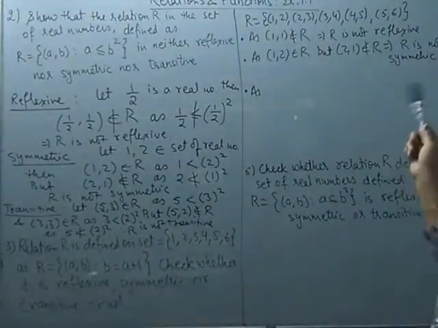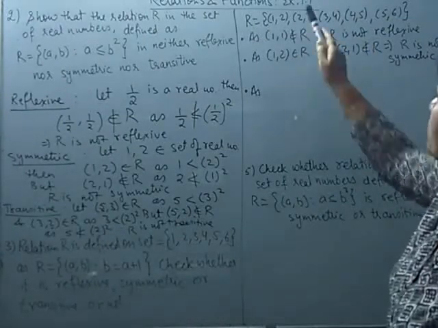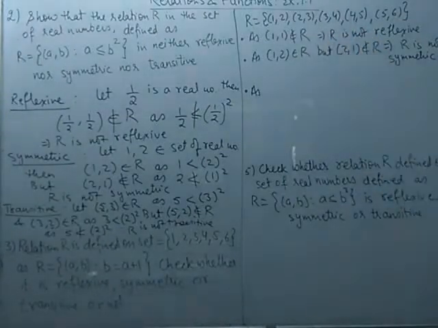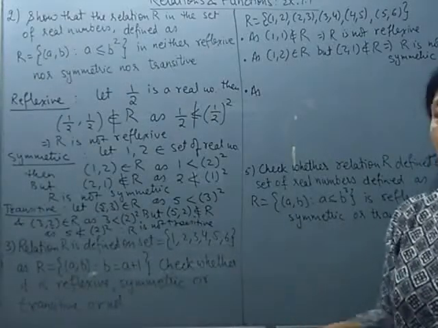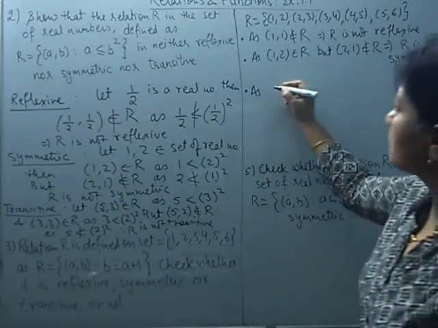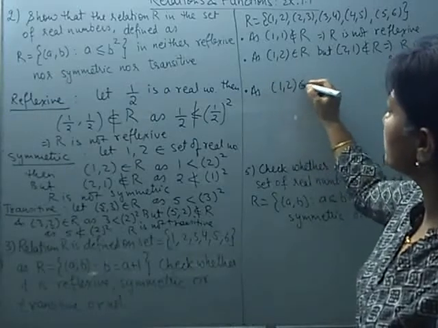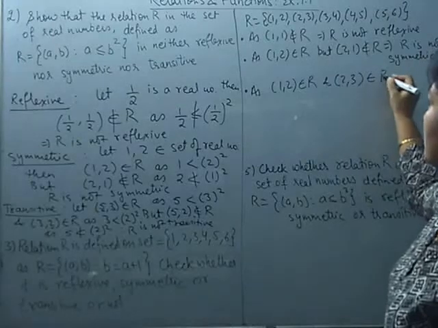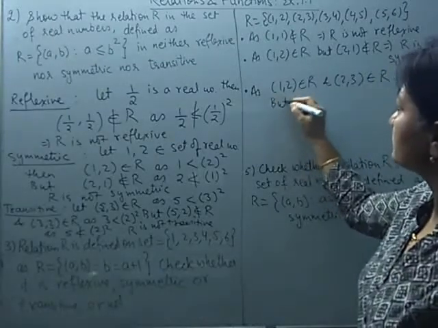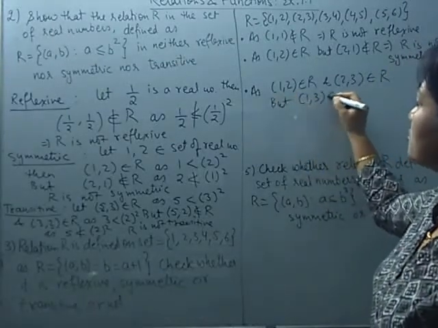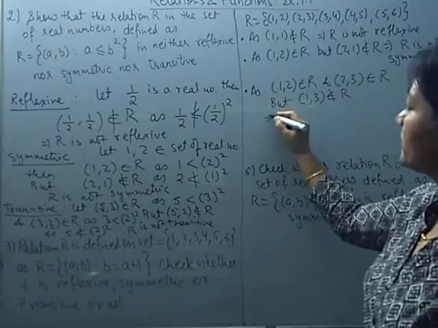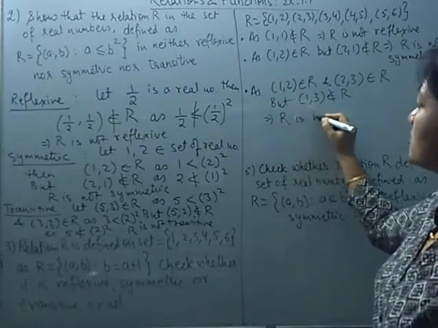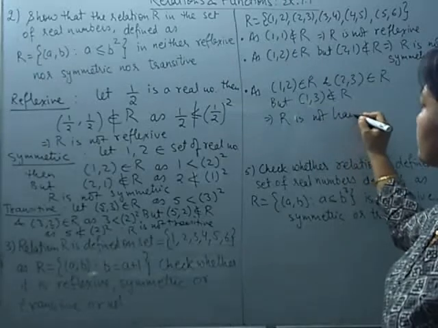Over here you will be able to quickly see these two pairs can be taken together or these two can be taken together. Now in order to justify it is not transitive, I need only one set of pairs. I can say 1 comma 2 belongs to R and 2 comma 3 also belongs to R, but 1 comma 3 does not belong to R. So this implies R is not transitive.